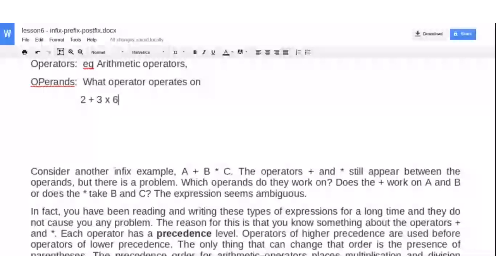So 2 plus 3 times 6. Maybe you might even put the division. Normally, you have to do it a different way. So let me avoid the division and put the minus. So minus 7, for example, something like that. So especially when you have a mix of operators, then it becomes very important to be very keen how we are doing it. So we can do that and get the value.